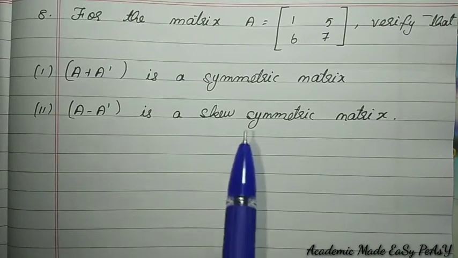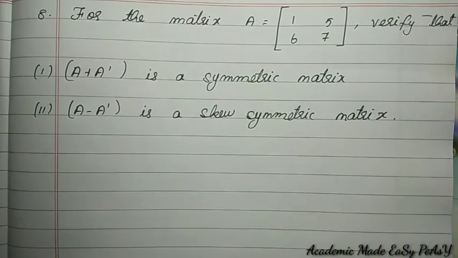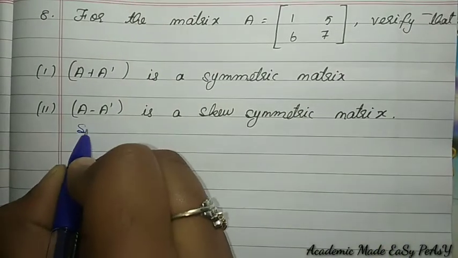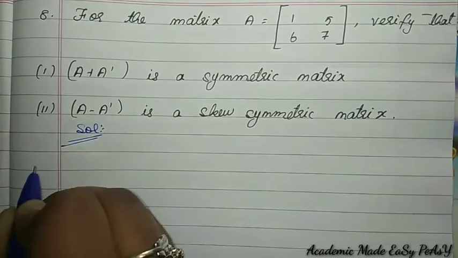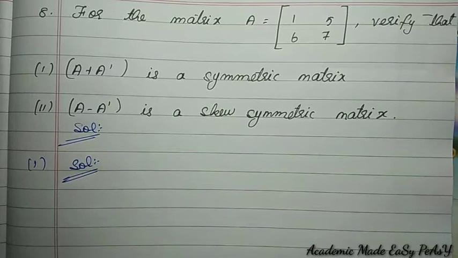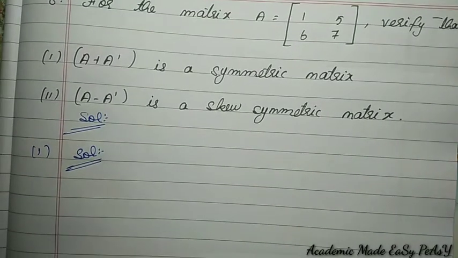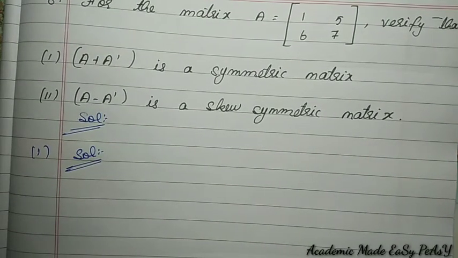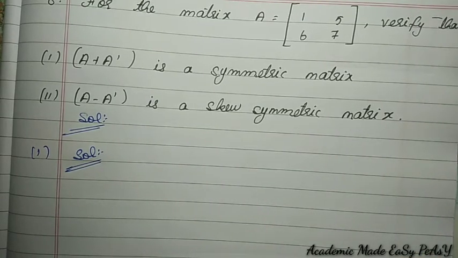8. For the matrix A, verify that A plus A transpose is a symmetric matrix, and A minus A transpose is a skew symmetric matrix. So now let's check the first subdivision first. Till the last question, only one matrix was given, that is the A matrix, and we found A transpose and checked whether it is symmetric or skew symmetric.